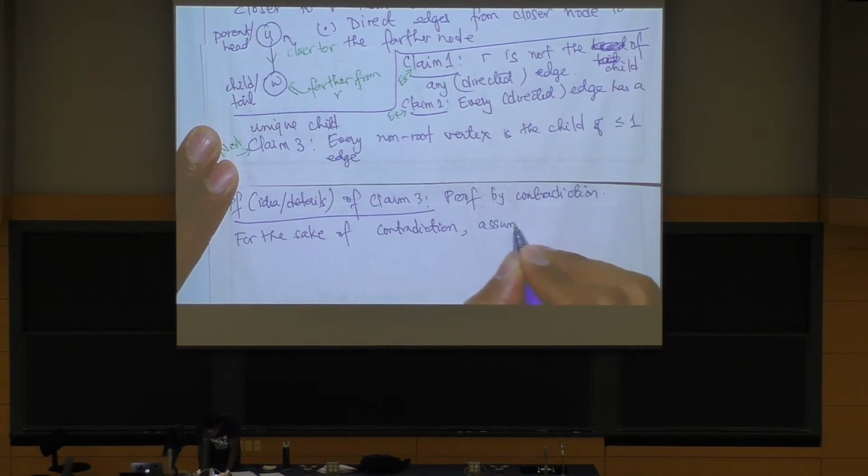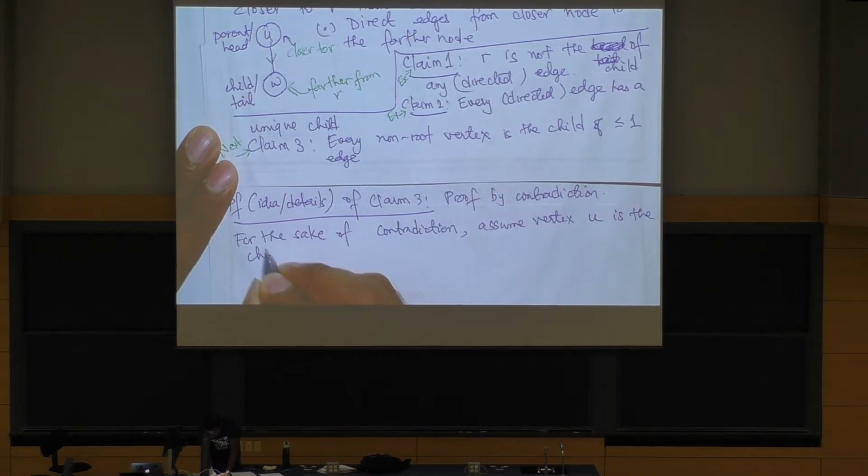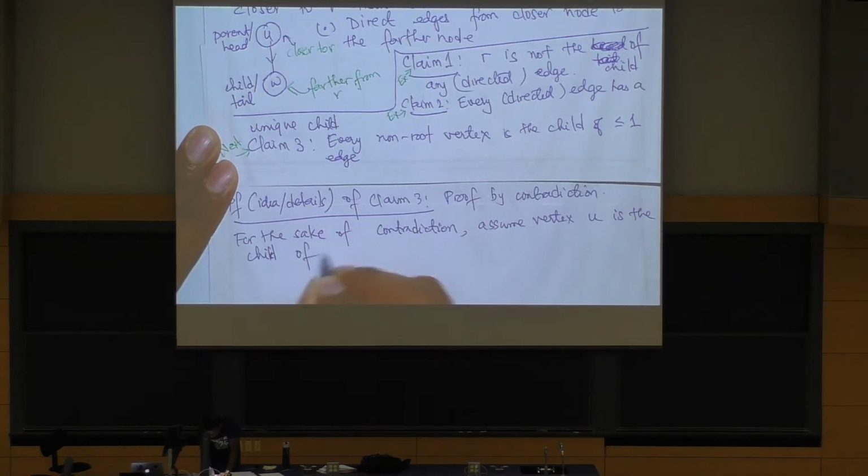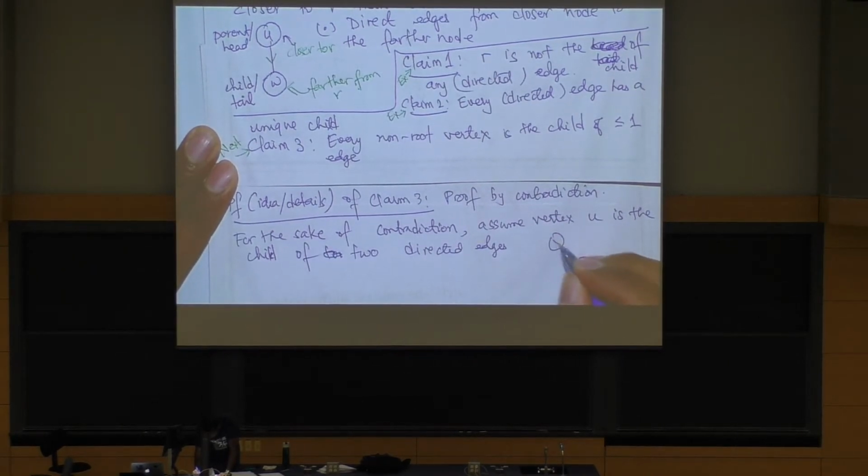assume vertex U is the child of two directed edges. So here's my U, and maybe there's an X and there's a Y, and they both point towards U. Okay, so let's say this is the case.